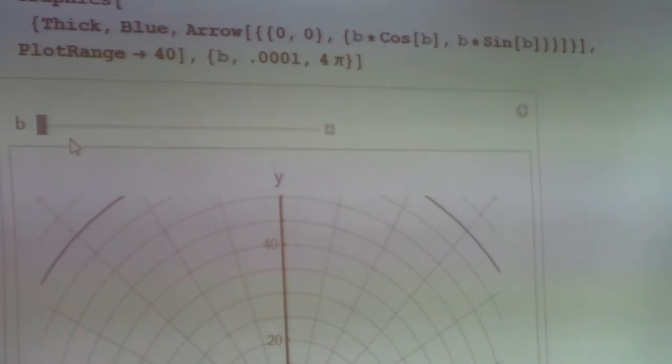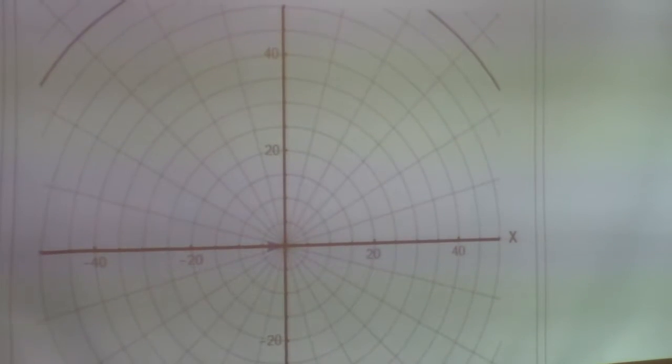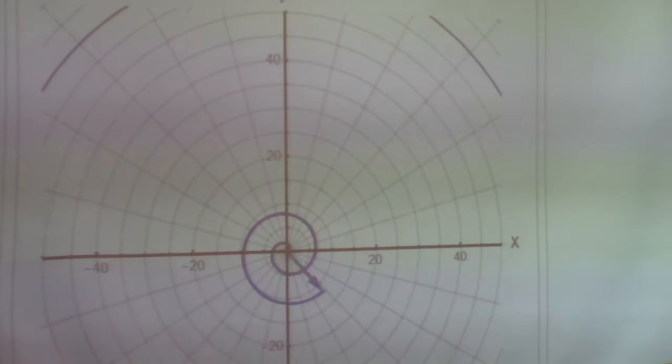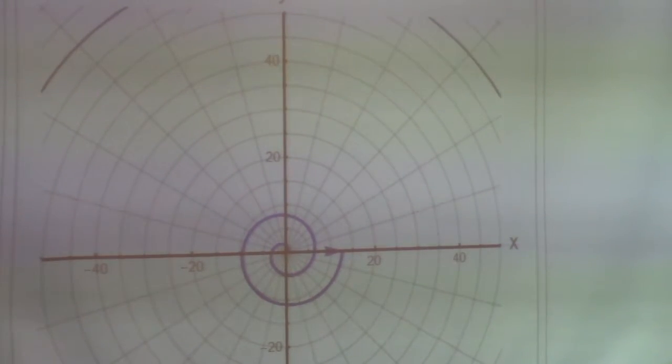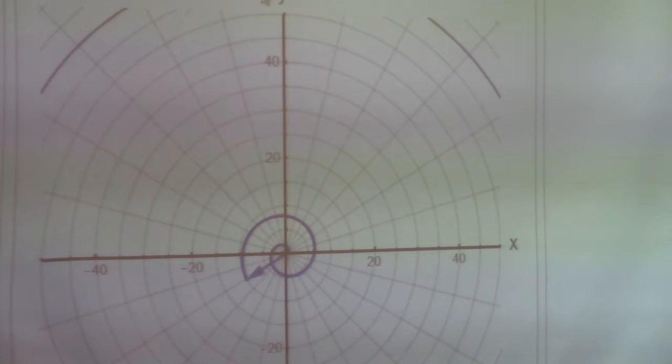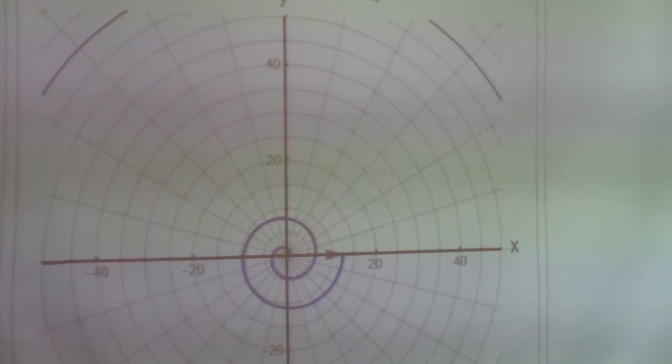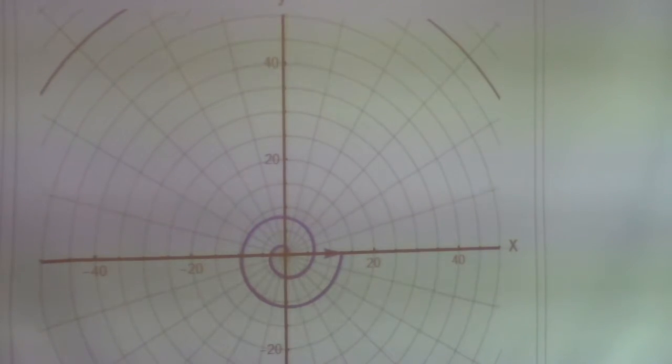Now we see an arrow, which initially is not drawn so nicely because it's at the origin. But after a certain amount of time, once you get far enough away from the origin, it looks better. There's your position vector. It's kind of like a pen tracing out the curve as it goes. You should know that's what a position vector is.